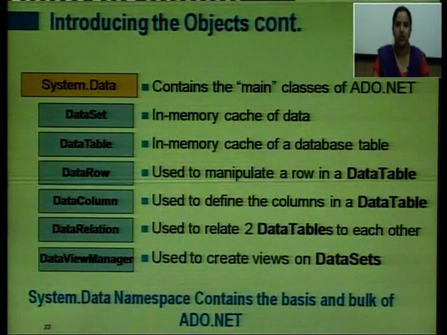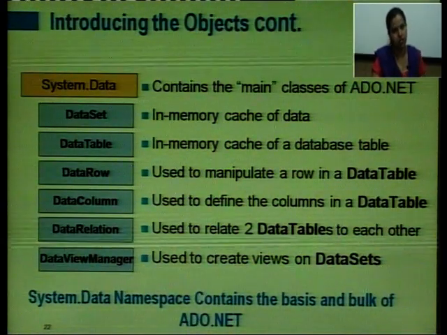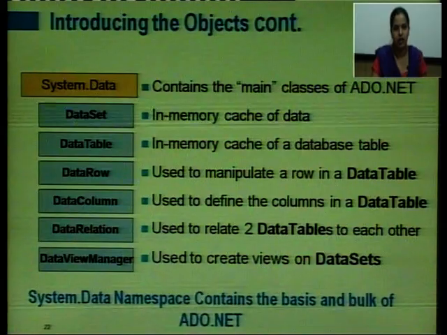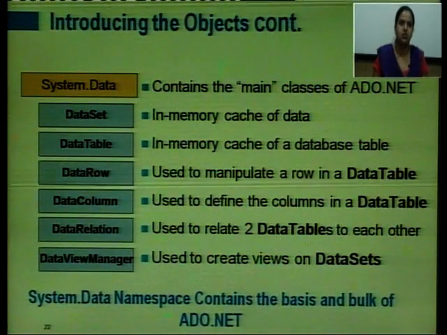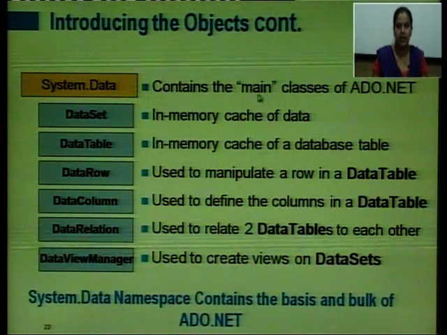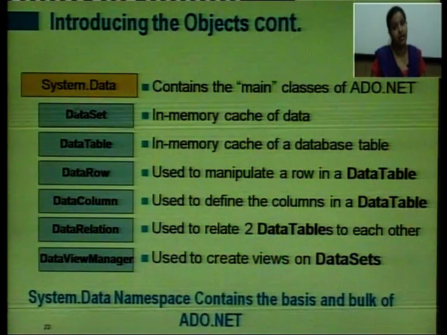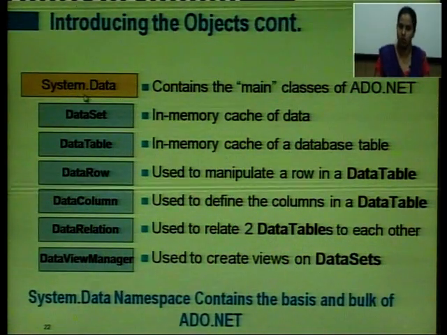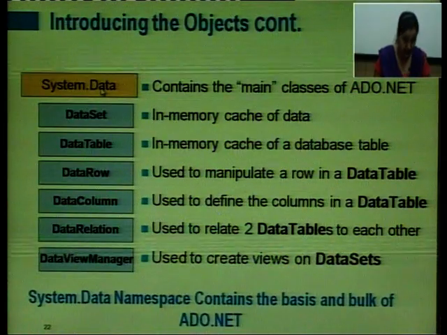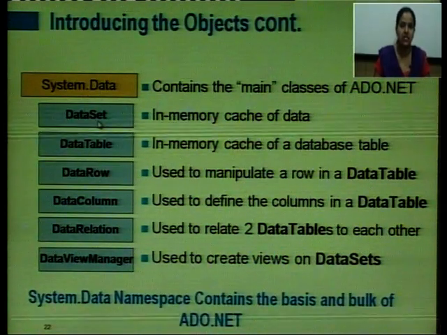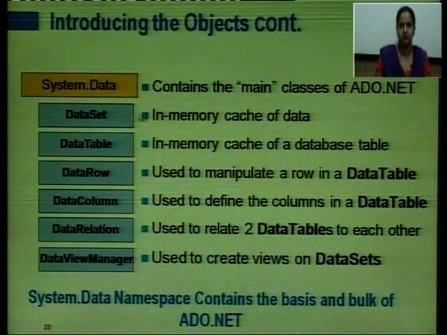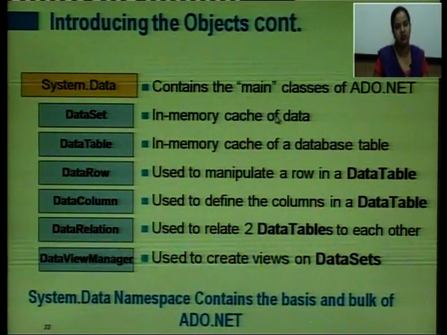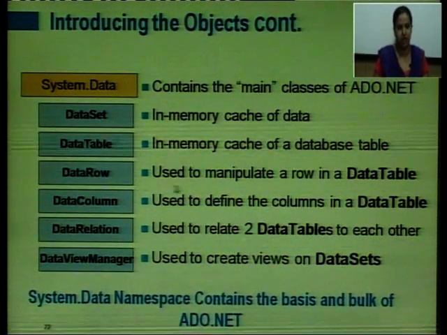Then there comes introducing the objects. Here you can see that System.Data contains the main classes of ADO.NET. Here, the DataSet is the in-memory cache of the database, the frequently used data.